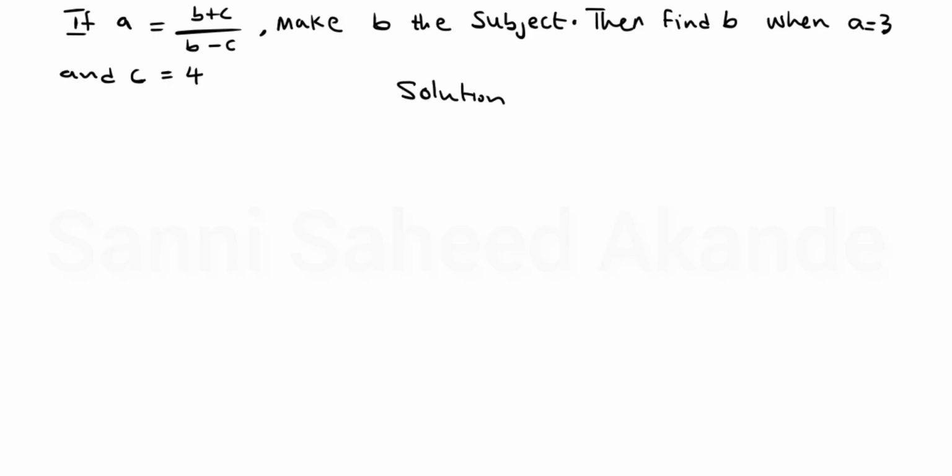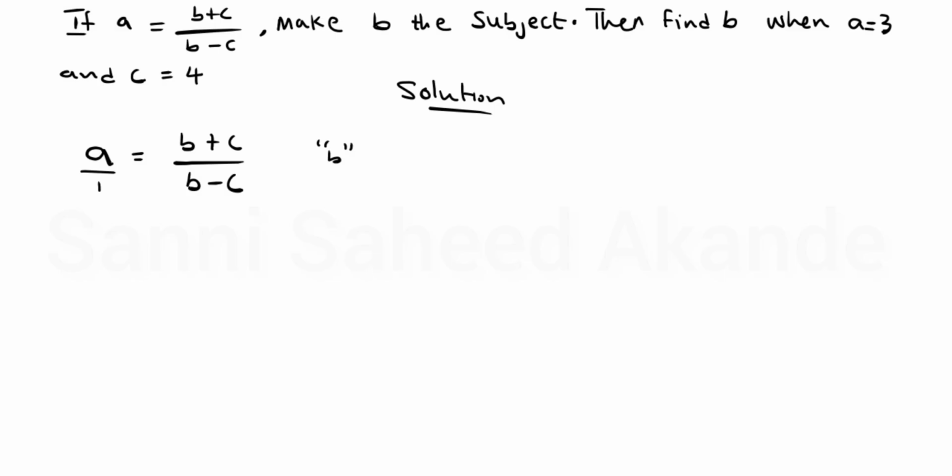The equation is A equal to B plus C divided by B minus C, and our target now is to make B the subject of formula. The first thing I will do here is to multiply both sides by B minus C. If I put over 1 here, I can simply say cross multiply.